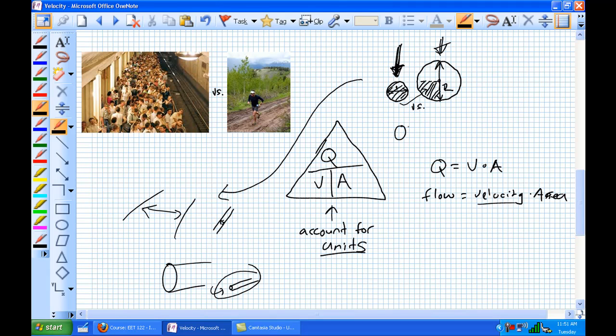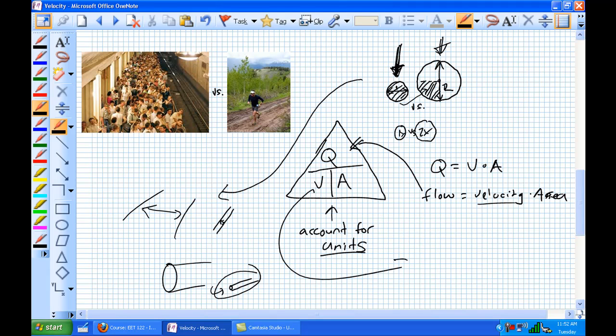So 1x, 2x. I have not doubled the diameter. In this case, I've doubled the area. Except for, remember, doubling diameter increases area 4 times. I've doubled the area. That means if that same velocity and I've doubled the area, I've increased my flow.